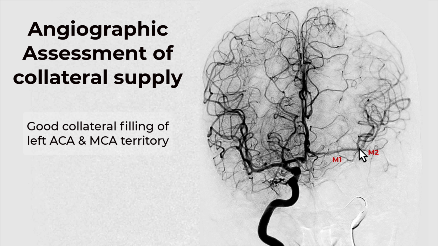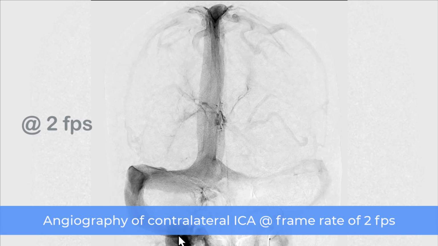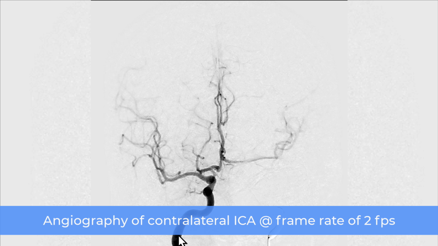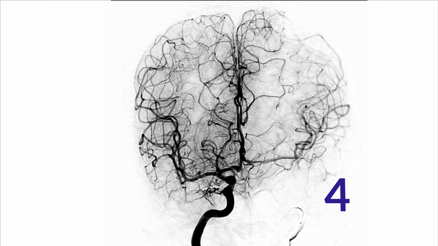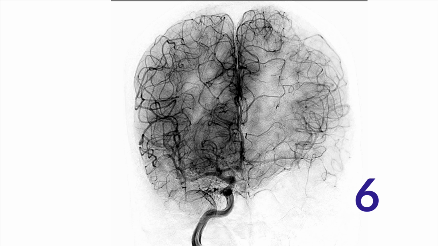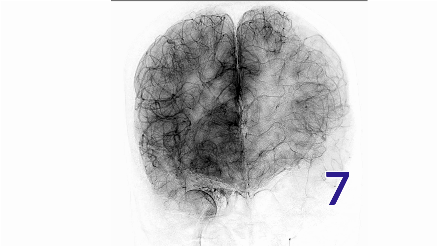hemispheres. So we obtained the angiography at 2 frames per second, and we count the first frame when the contrast is first seen in the carotid siphon. So in this frame, the contrast is seen at the carotid siphon. This is frame number 1, frame number 2, 3, 4, 5, 6, 7, 8.